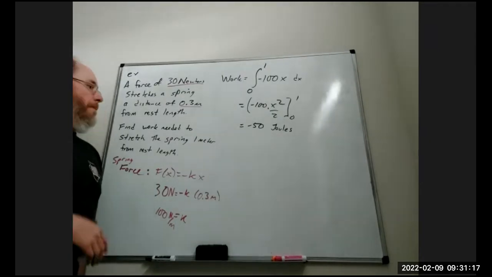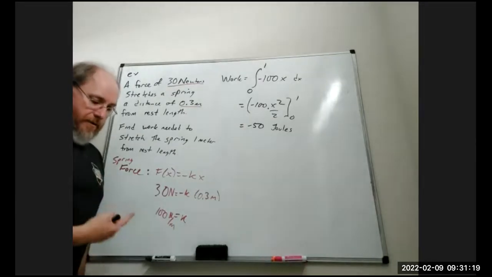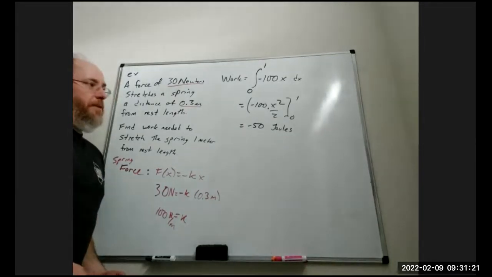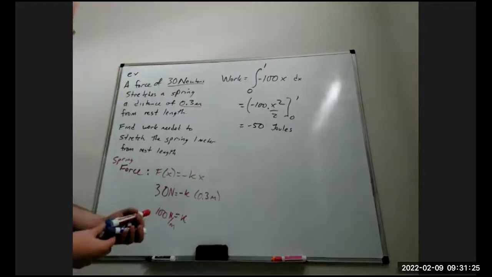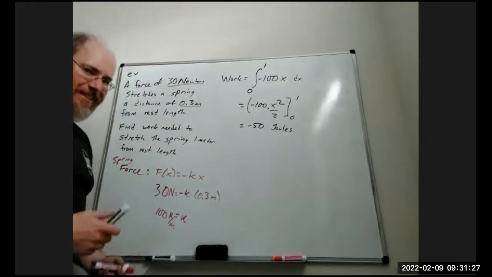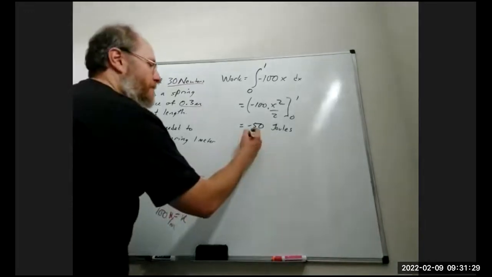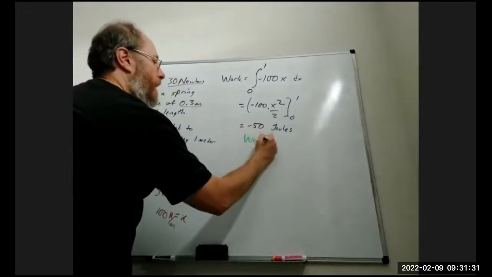Okay, so the spring is applying negative 50 joules of work. What? Hold on a second. So this is work done by the spring.